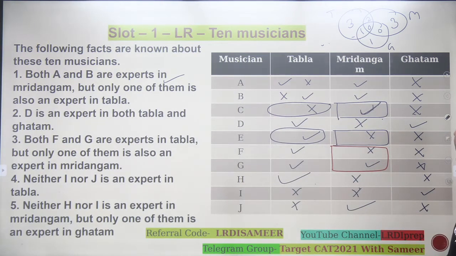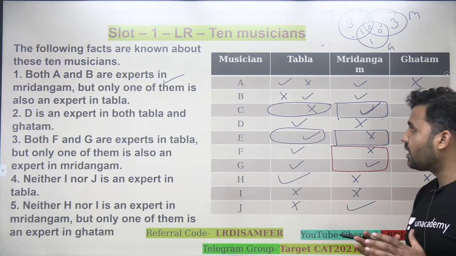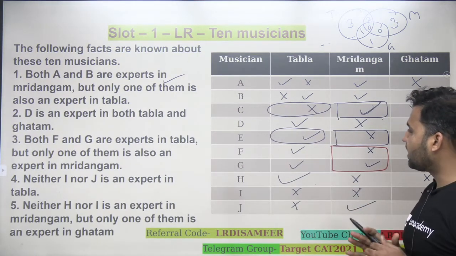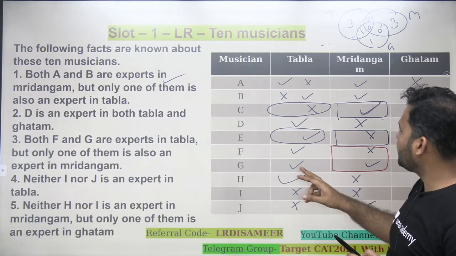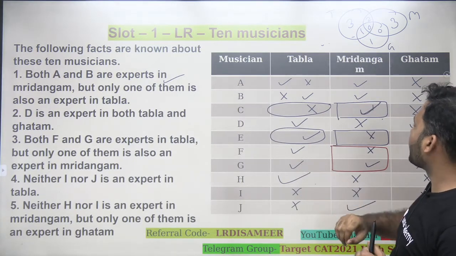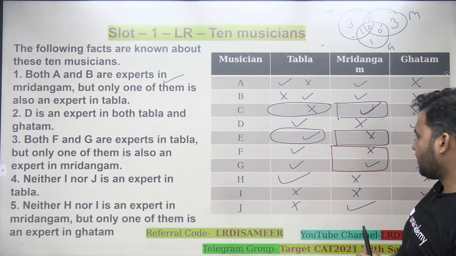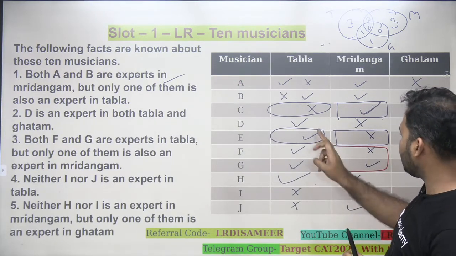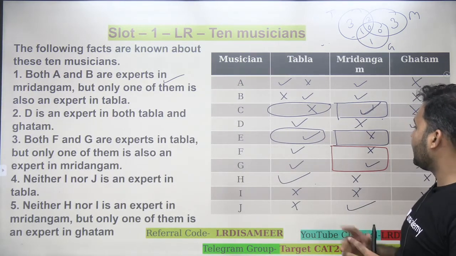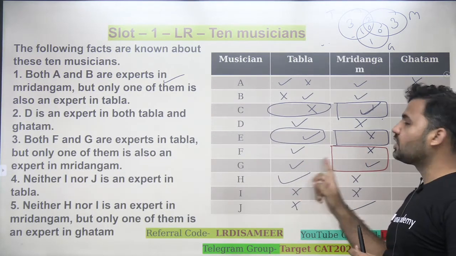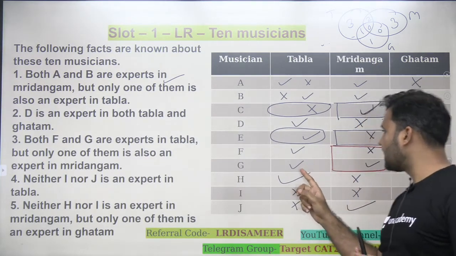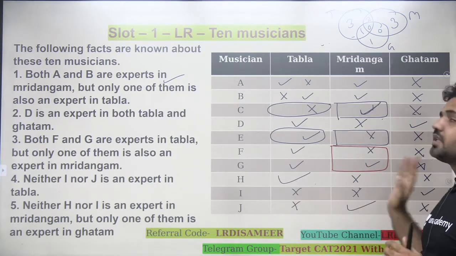Now see that the person who is playing only tabla would be, you see that one of the person would be F, one of the person would be E, and right, G is definitely not a person who is playing tabla, right? G, you can see, is playing tabla and mridangam both.